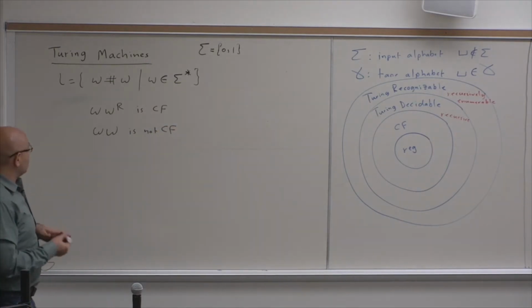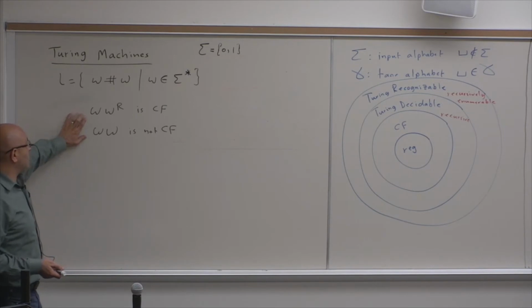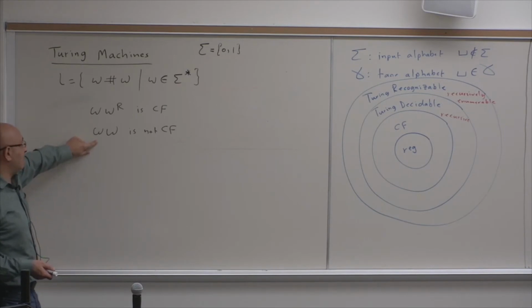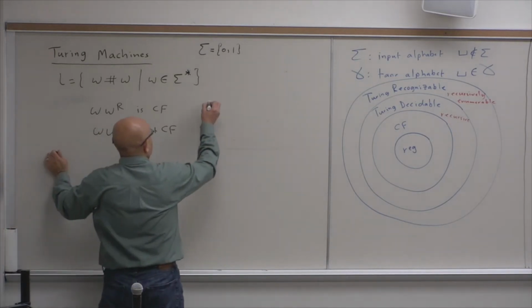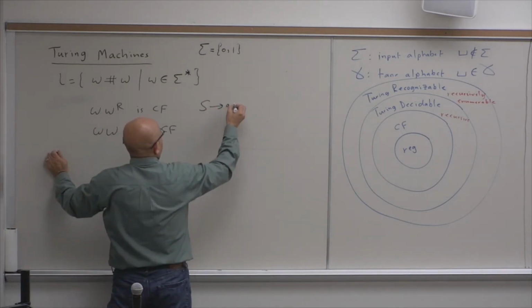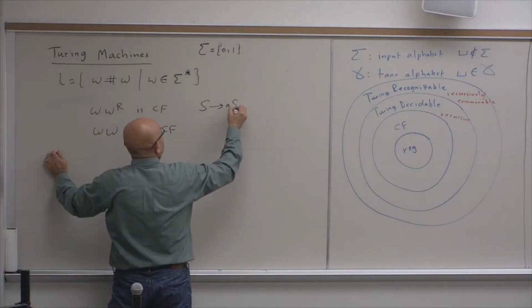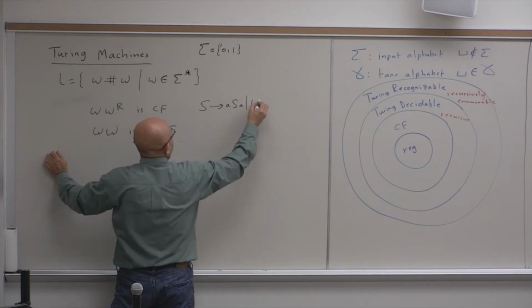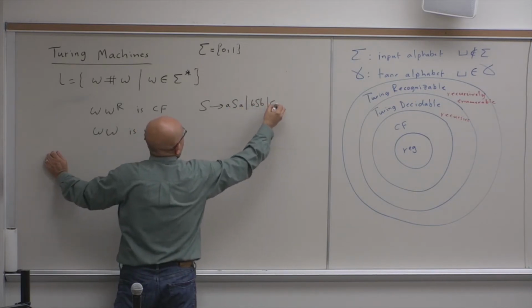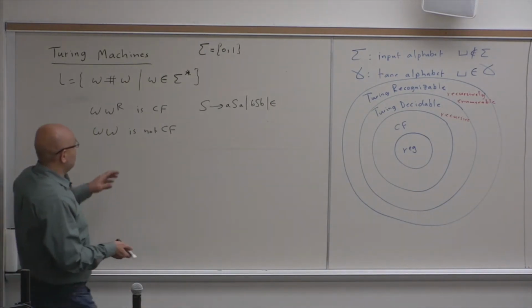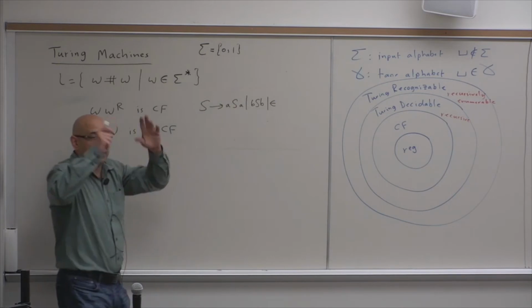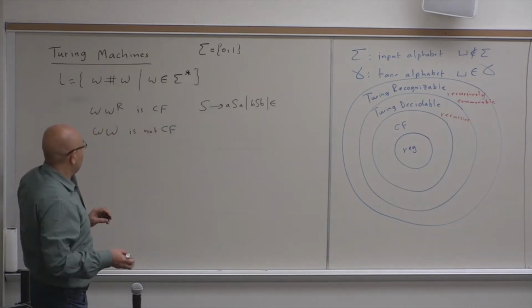It's easy to write a grammar for the palindrome, but if you try to write a context-free grammar for this, you will not be able to. Because for the palindrome, we wrote this grammar, S goes to A S A or B S B or epsilon, and this guarantees that you have this kind of symmetry around a certain axis.